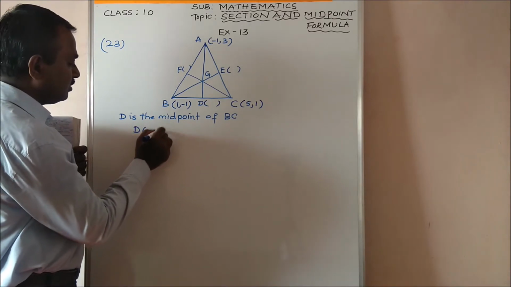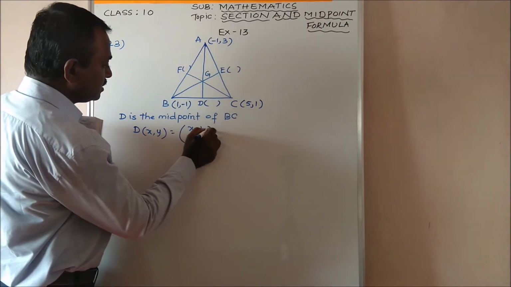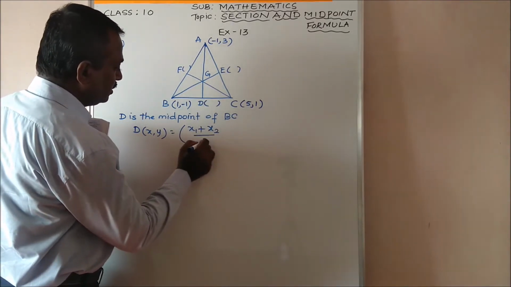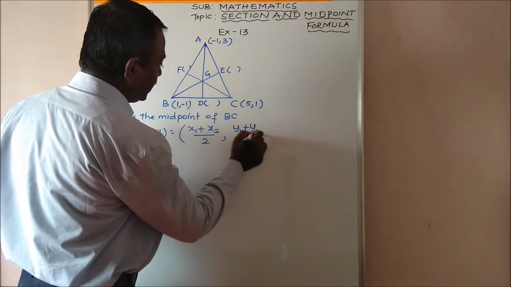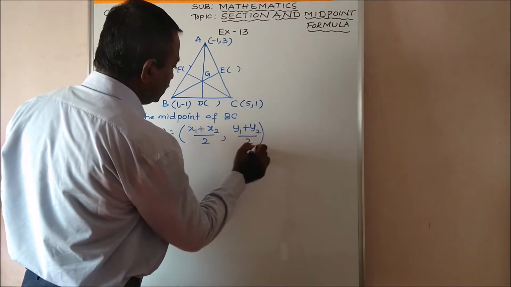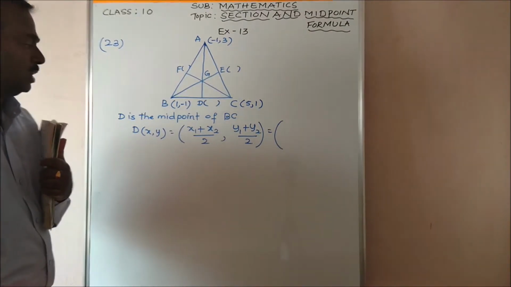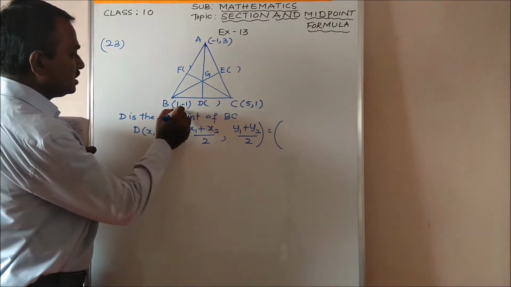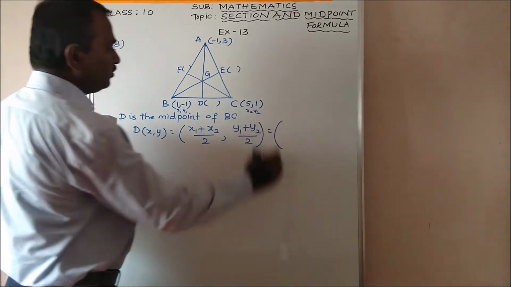D of (x, y) is equal to ((x1 plus x2) by 2, (y1 plus y2) by 2). This is considered as x1, y1 and this is considered as x2, y2 for this question.